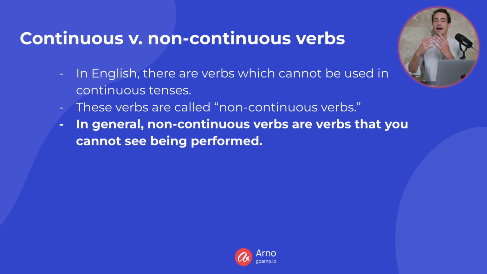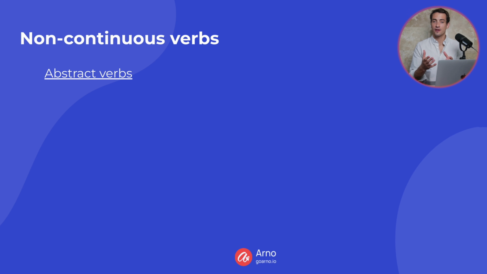However, I think it's better to just memorize the most common non-continuous verbs and get in the habit of using them in the present simple instead. So here's the full list of the most common non-continuous verbs. The first category are abstract verbs.